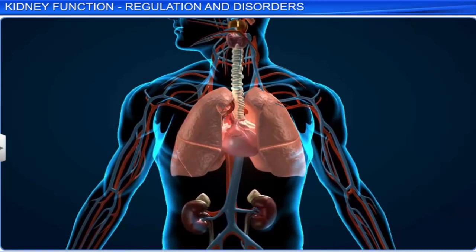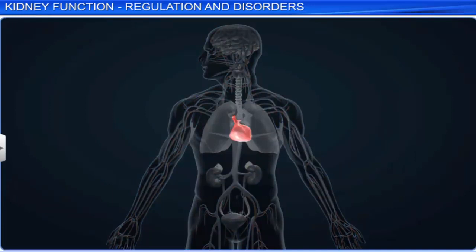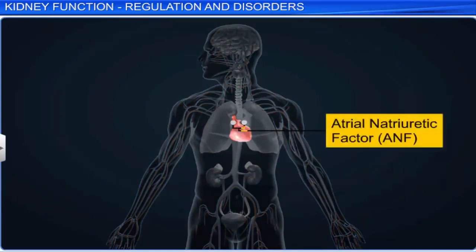Apart from the hypothalamus and JGA, the heart also regulates the functioning of the kidneys to a certain extent. The muscles of the heart release atrial natriuretic factor or ANF when the blood pressure in the atria increases.